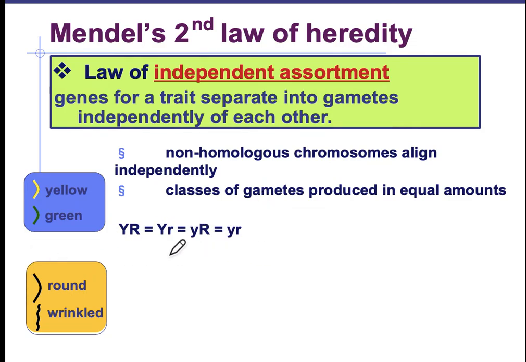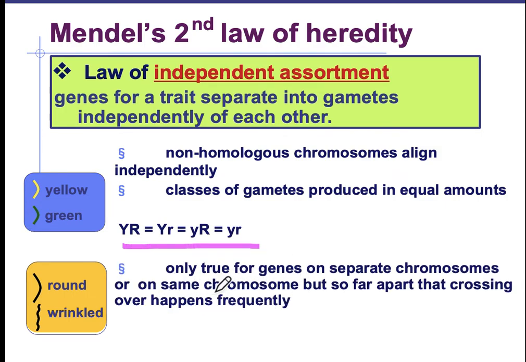And for this particular cross we just did, those are our choices. This is only true for genes that are on separate chromosomes, or on the same chromosome but so far apart that we have crossing over happening very frequently. Remember from the meiosis chapter, we talked about crossing over, where the tetrad of chromatids work together and actually break and reform and swap alleles for the same traits.